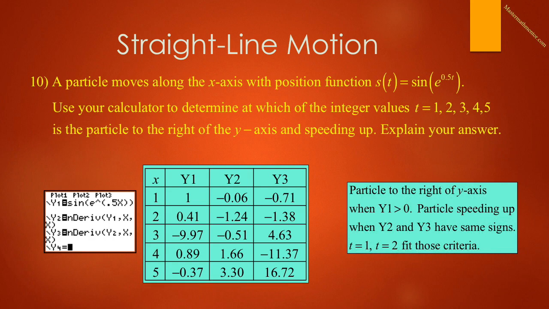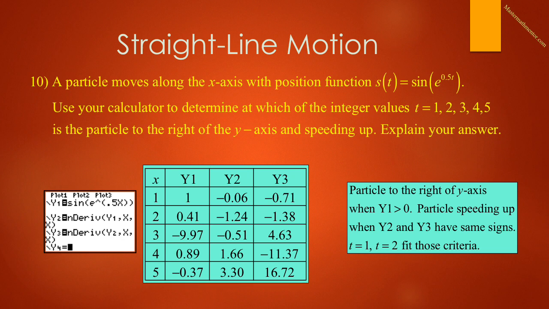Remember that the x values are really t values. We would like to find out when the particle is to the right of the y-axis. That means that y1 must be positive. That occurs at t equals 1, t equals 2, and t equals 4.